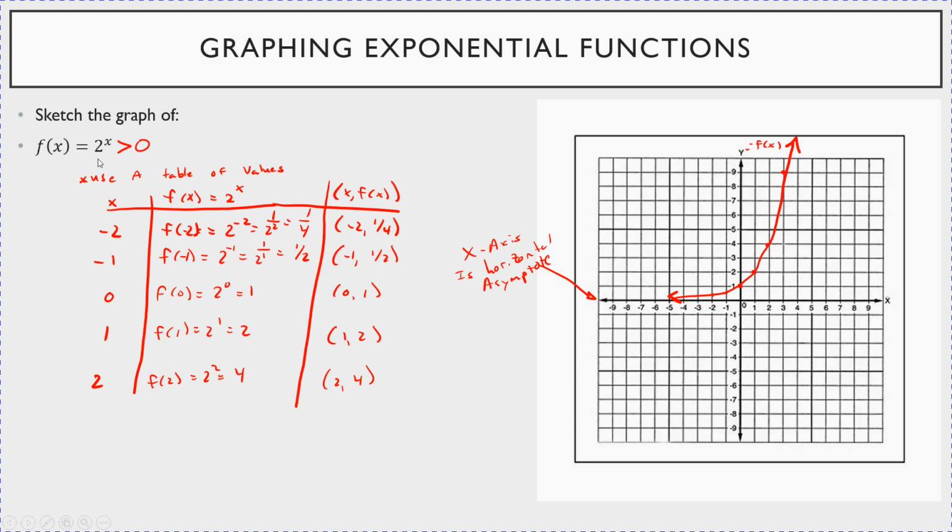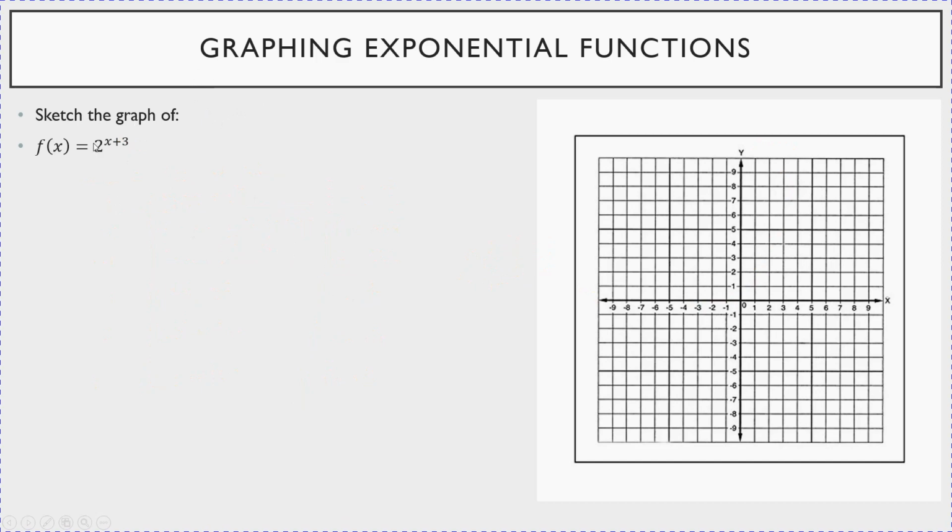Okay, and now let's talk about transformations. So let's sketch the graph of 2 raised to the x plus 3 power. Look, instead of using a table of values, we're going to sketch the graph using transformations.